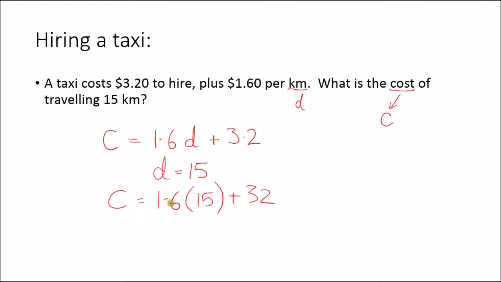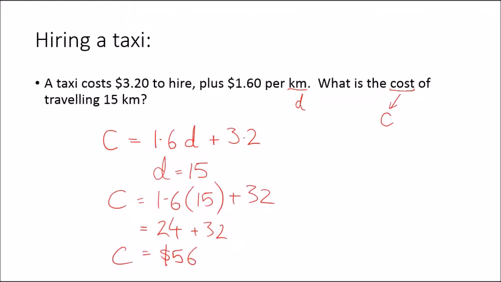So all I need to do is use my order of operations to calculate this correctly. Now you know that we do multiplication first, so 1.6 times 15 is 24 plus 3.2. So my cost will be 24 plus 3.2, which is $27.20.